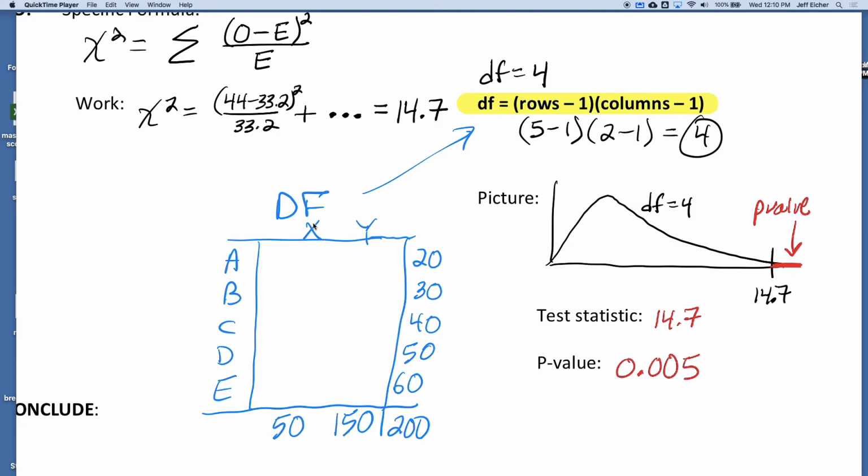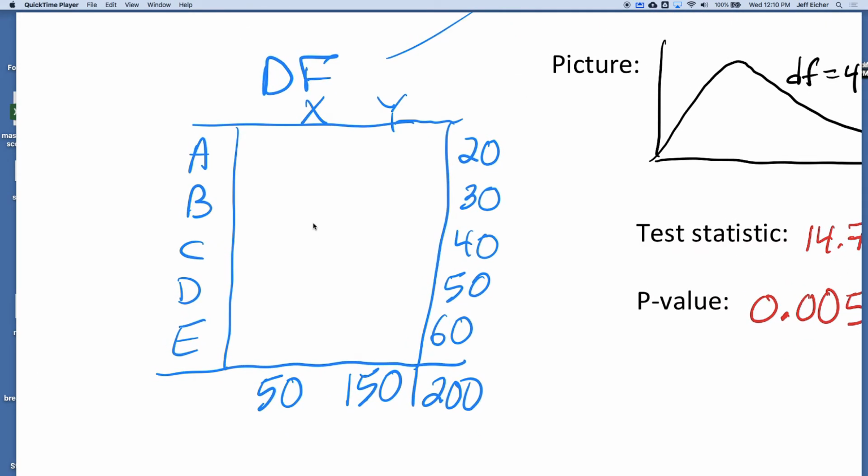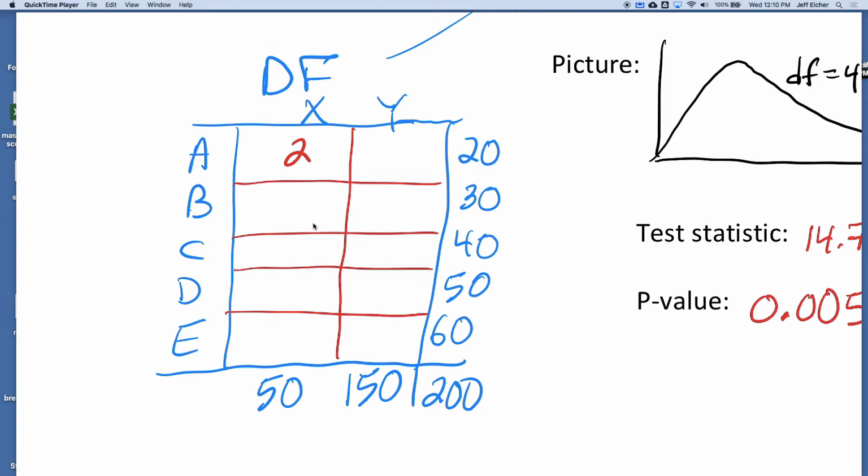Okay, so again, I'm trying to explain where the degrees of freedom formula comes from here. So let's say I tell you that there are 2 in this cell. So you have these different cells here. Do you know what all the other cells have to be if I told you that top one was 2? Can you like logically deduce what all the other numbers are? You can figure this one out, because it has to add to 20, but you can't figure out any of the others.